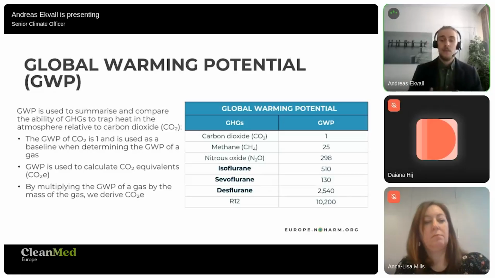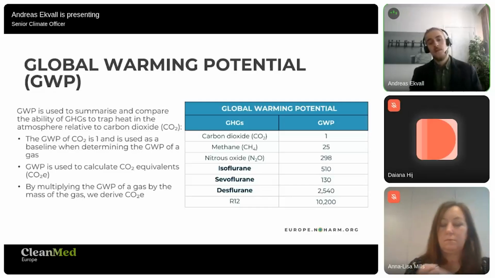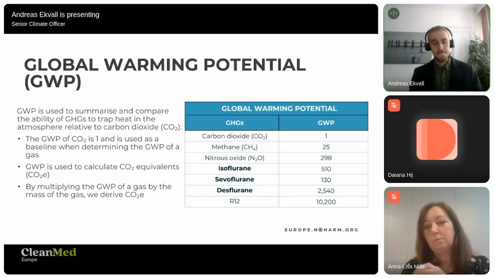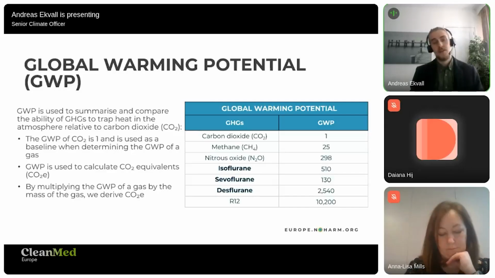This makes it much easier to understand the overall contribution of different greenhouse gases. We derive the carbon dioxide equivalent by multiplying the global warming potential of a gas by the mass of the gas. If we look at methane in the table, the heat trapping potential is 25 times greater than that of carbon dioxide.